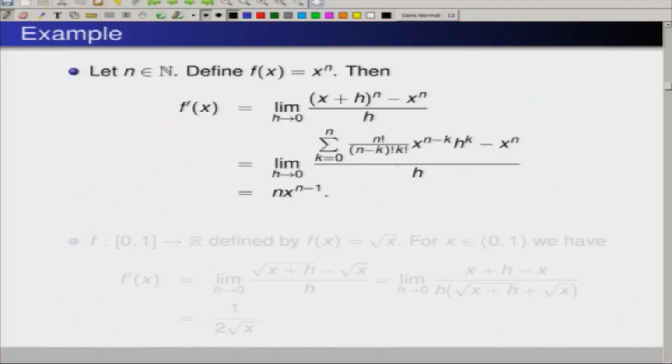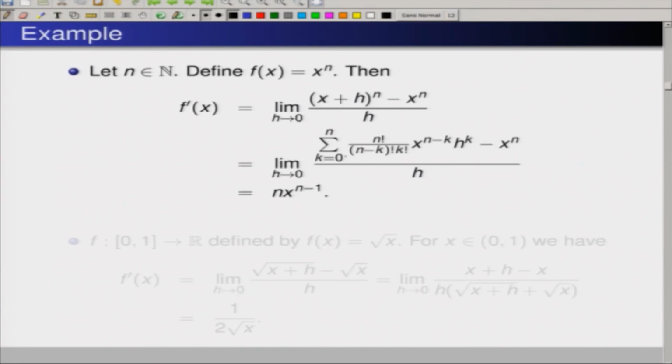Now, by binomial theorem, you expand x plus h to the power n. Now, x to the power n minus x to the power n, the k equal to 0 term, will get cancelled. So, whatever terms remain will have a factor of h.